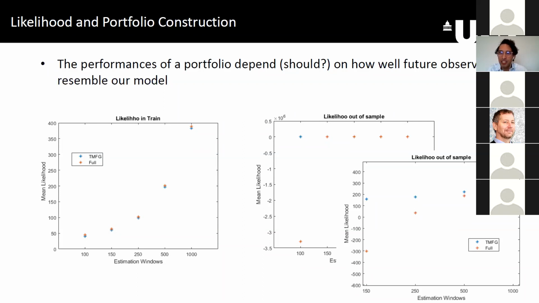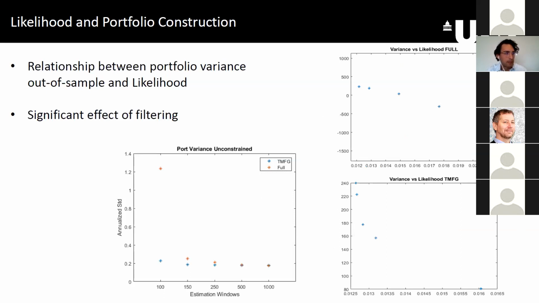However, what we found is that in terms of performance, this is not true. A portfolio built on parameters that have a higher likelihood out of sample does not necessarily perform better in terms of returns, but it does perform better in terms of variance.